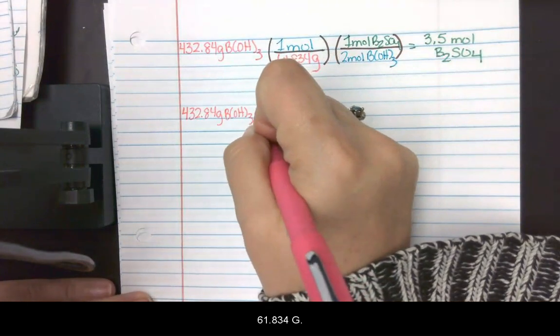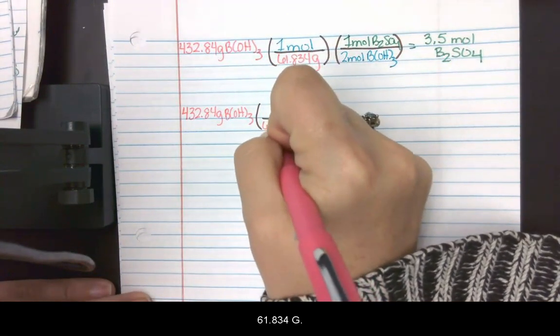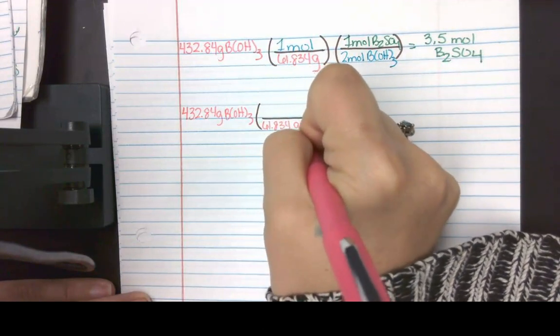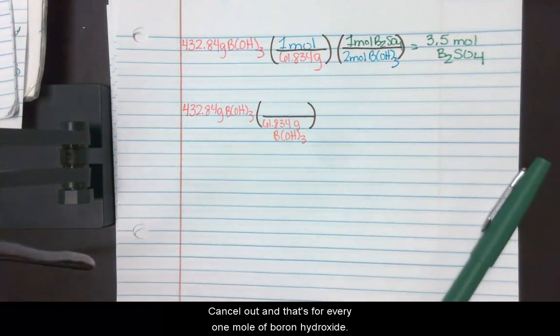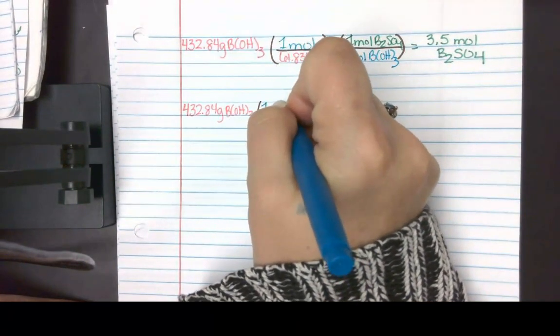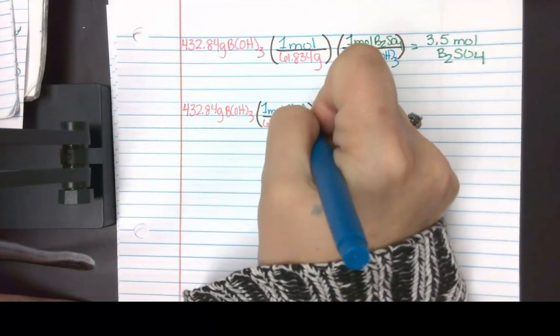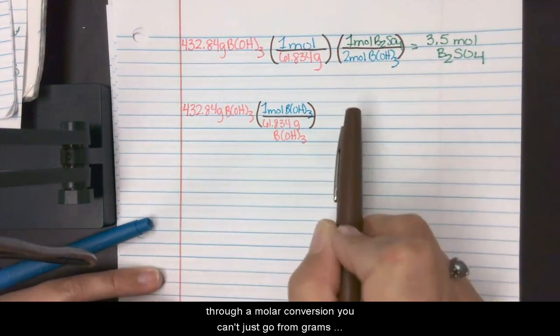So we have 61.834 grams boron hydroxide. Grams cancel out. And that's for every 1 mole of boron hydroxide. Now that we have that set up, you remember you always have to go through a molar conversion.